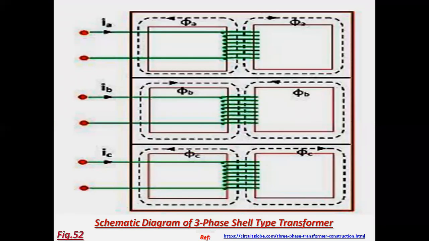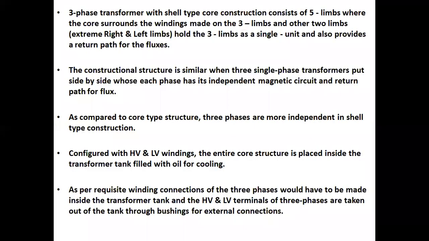See the schematic diagram of the three-phase shell-type transformer. Now, three-phase transformer with shell-type core construction consists of 5 limbs where the core surrounds the windings made on the 3 limbs, and other 2 limbs, extreme right and left limbs, hold the 3 limbs as a single unit and also provide a return path for the fluxes.